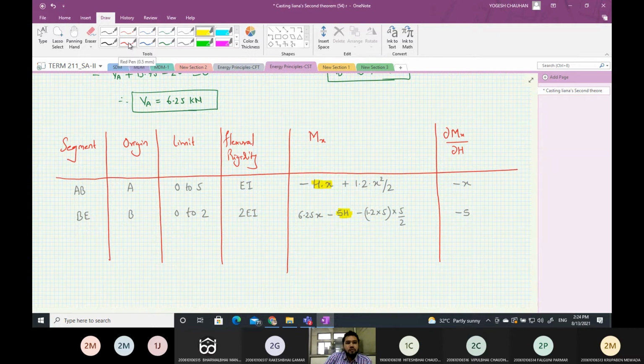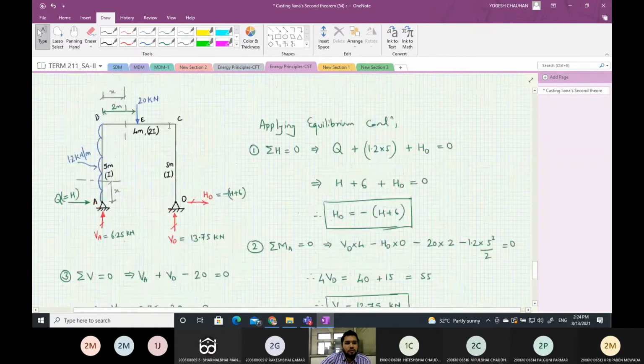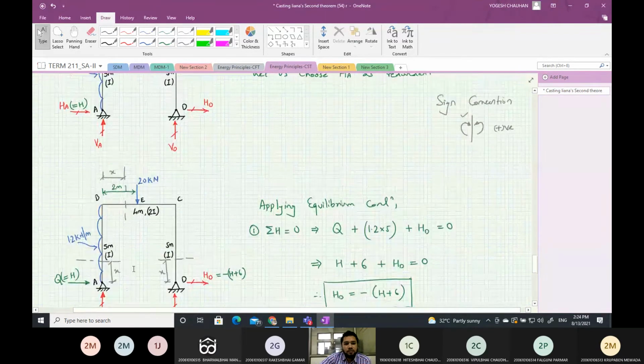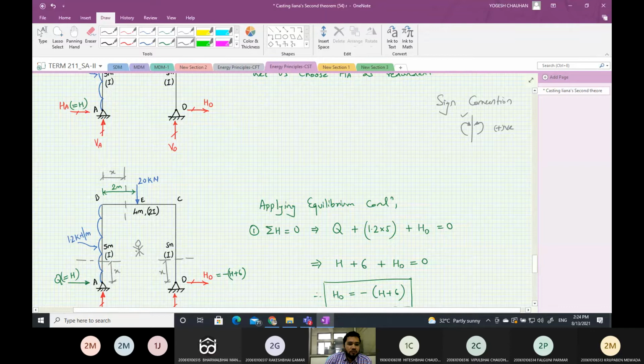Now instead of taking section from here to here, we can do one thing. We can take a section here, and this time this section will be on the right. Let us assume that you are standing inside and you are looking at this plane.